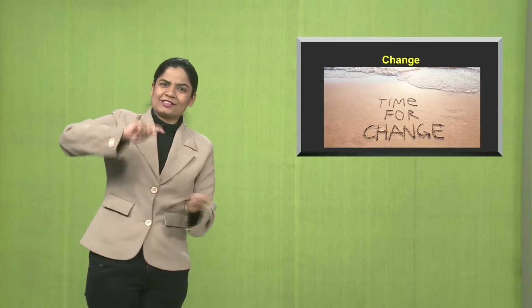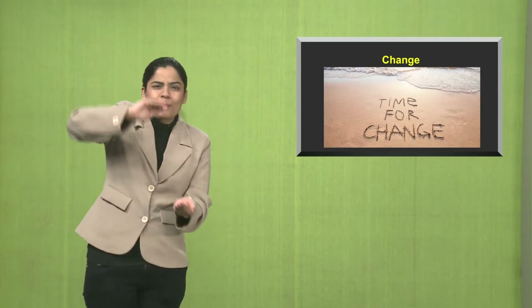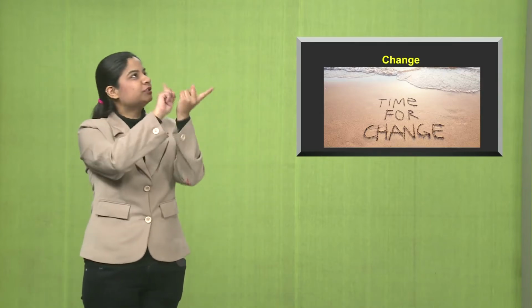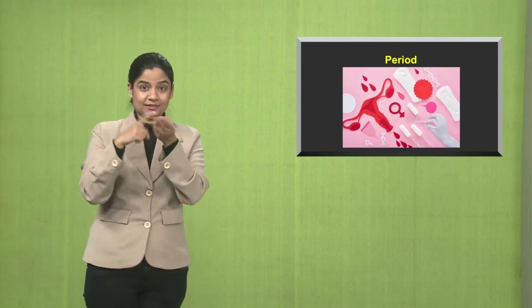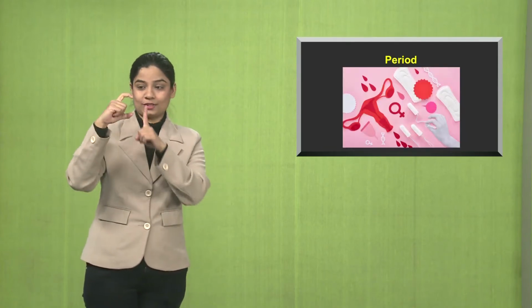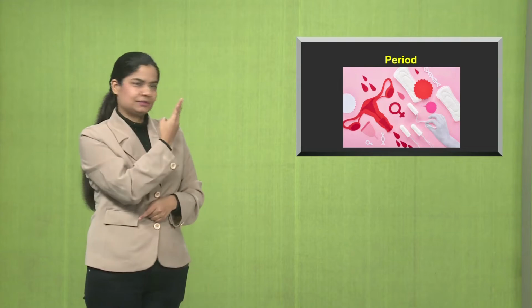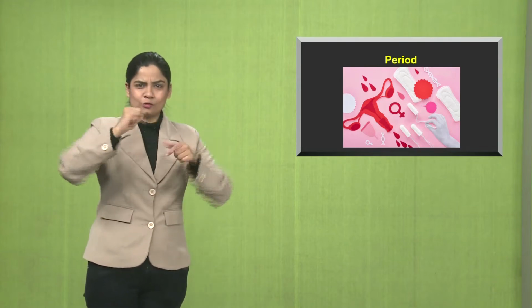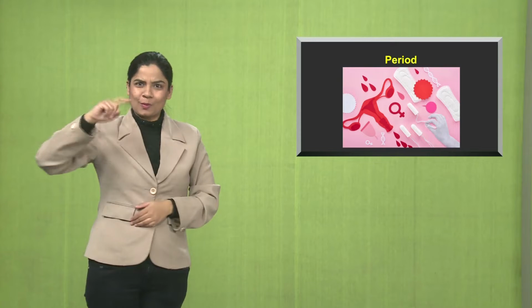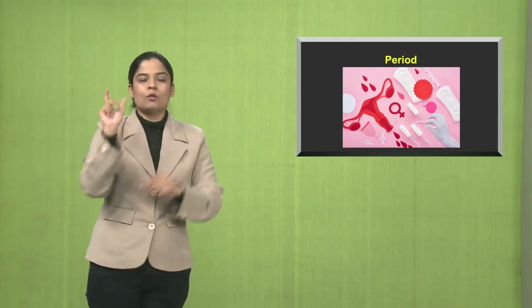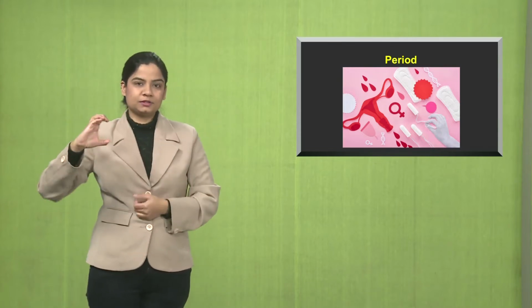For example, our body changes with time from our childhood to our adulthood, just the way the time changes. Period. Period is, as you can see from the picture, all girls have periods. It's also called menstruation. Every month they go through that. So that is called period.